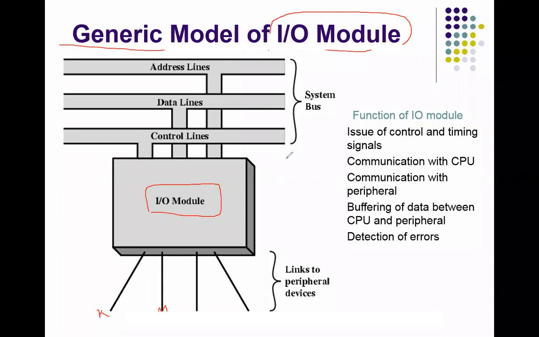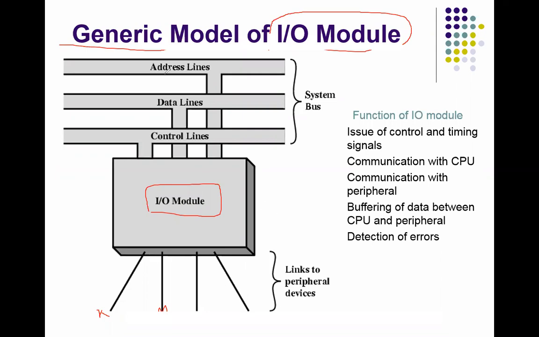Joystick, camera, phone, all are input output devices. You can send the data into the computer, you can take the data from the computer. So there are multiple peripheral devices that you can connect with the computer.